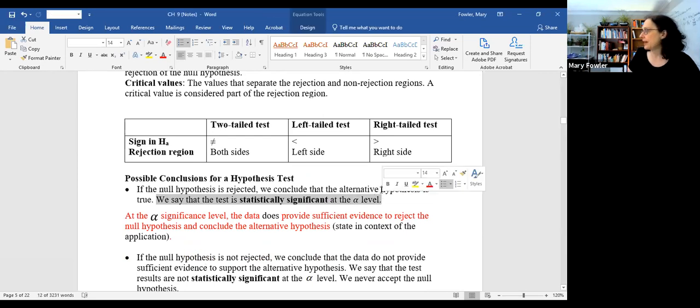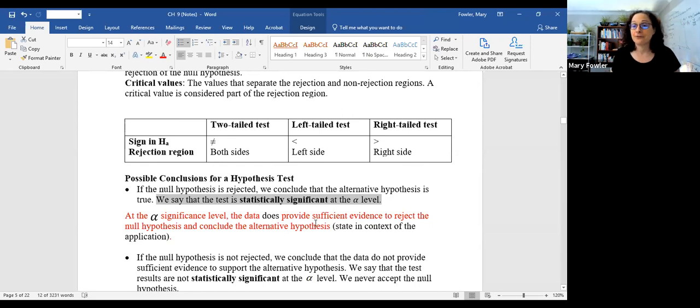Now I will provide the alpha level to you, but we say that the test is statistically significant at the alpha level if you set up the rejection regions to have a total area of alpha, and I'll show you how to do that in just a moment.